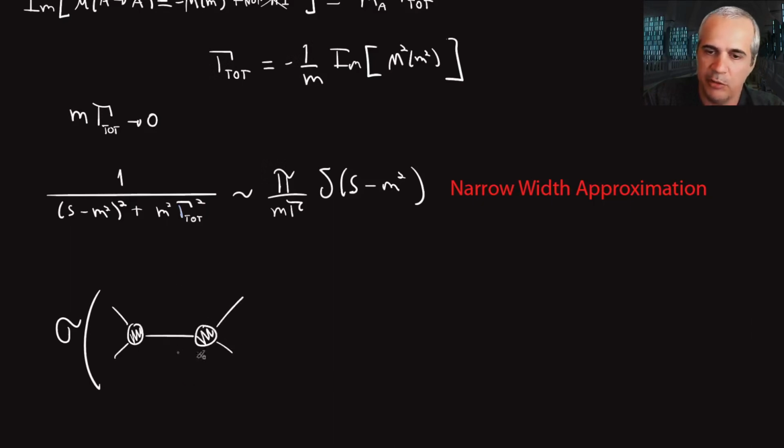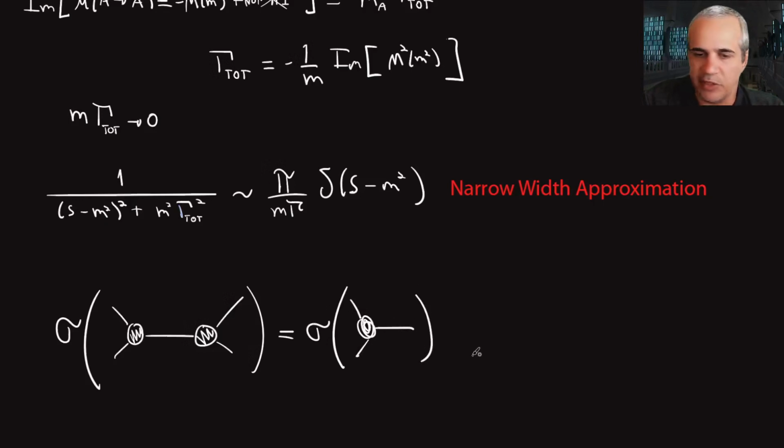Usually you would have to calculate the whole thing with a virtual propagator here, but for particles where this is a good approximation, essentially you have to calculate this part, which is the cross-section for producing that particle, times the decay of that particle, because it's always essentially on shell before it decays.